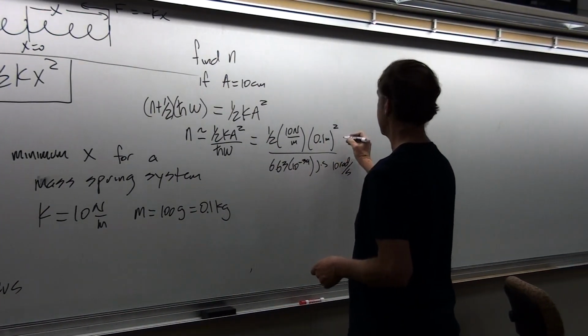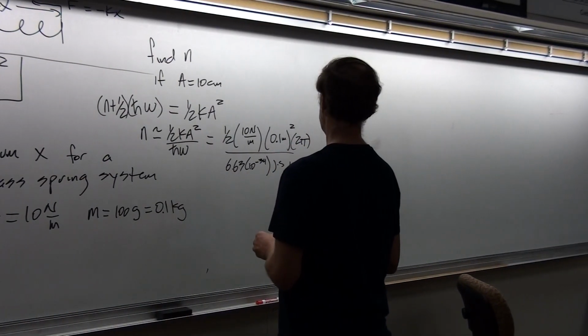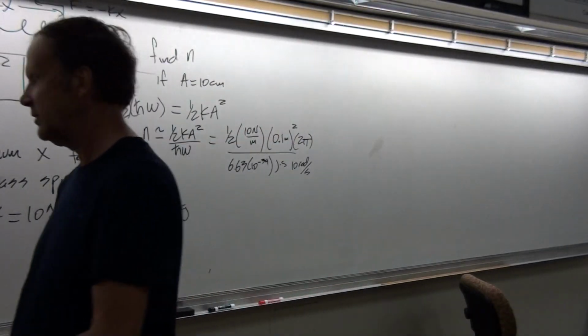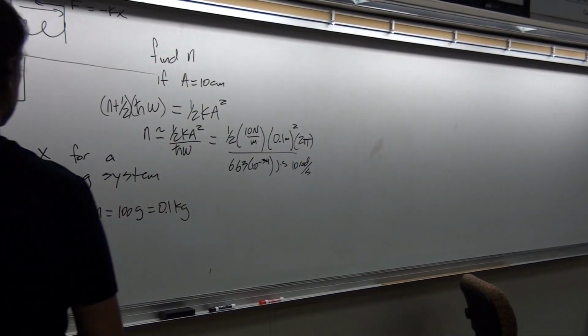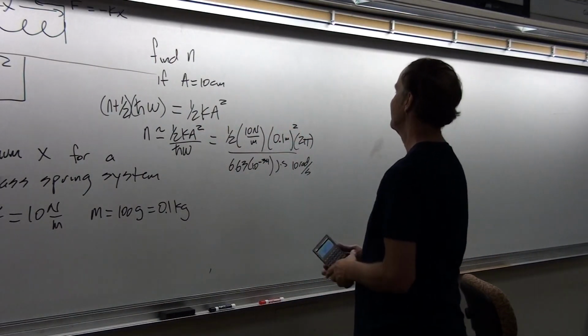And this is h bar, so we put a 2 pi up here in the numerator, like that. And we'll crunch that number out, and I think we're going to find that's a pretty big number. Well, here it's 10 to the minus 34 in the denominator, so that'll flip up to the top.